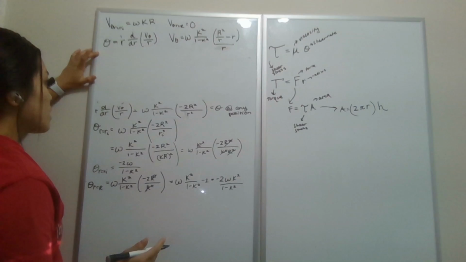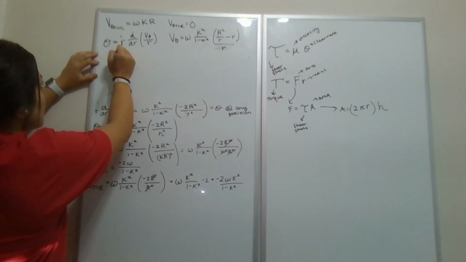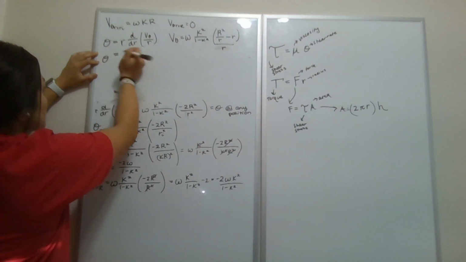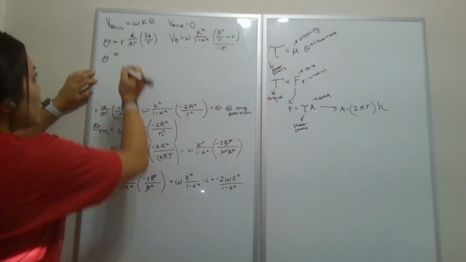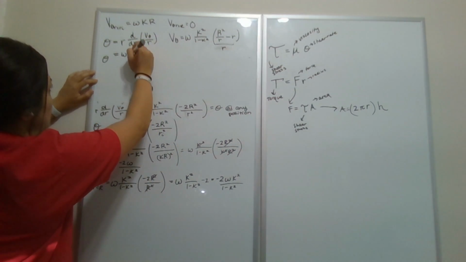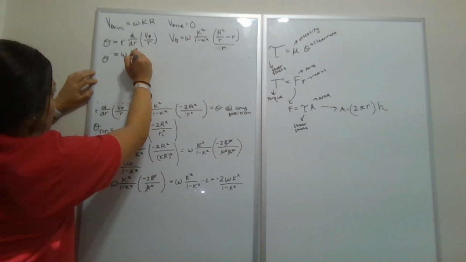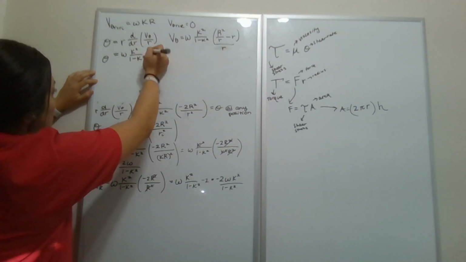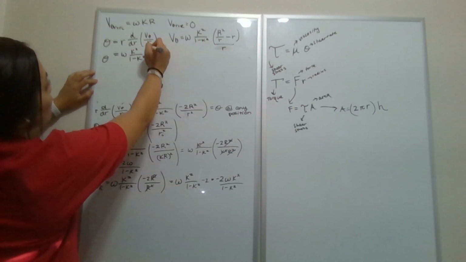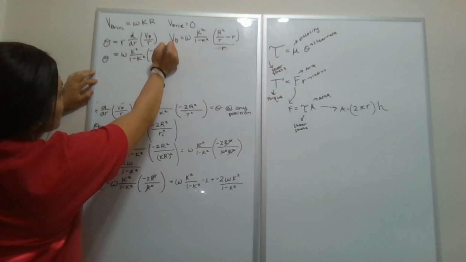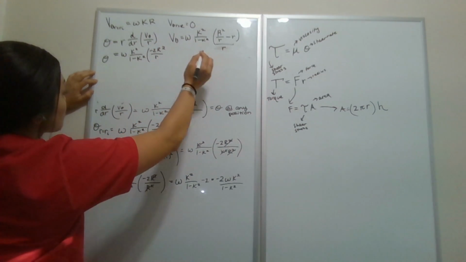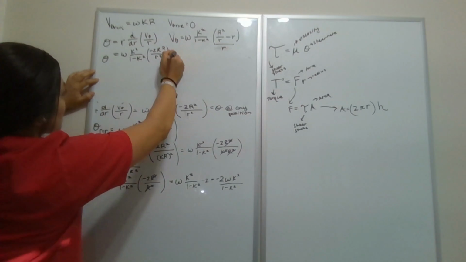So at any position, the shear rate is equal to the angular frequency times the proportion between inner and outer radii squared divided by 1 minus this proportion squared times the quantity of -2 times the outer radius squared divided by the radius squared.